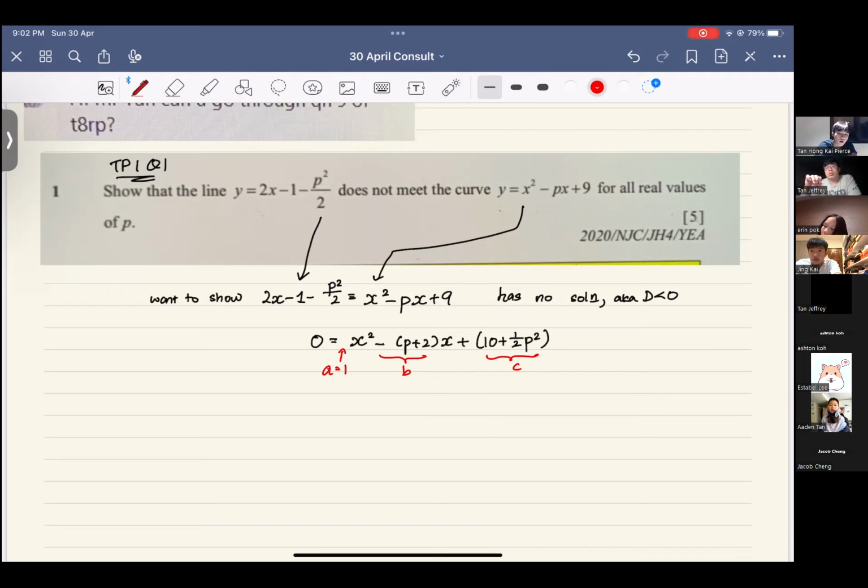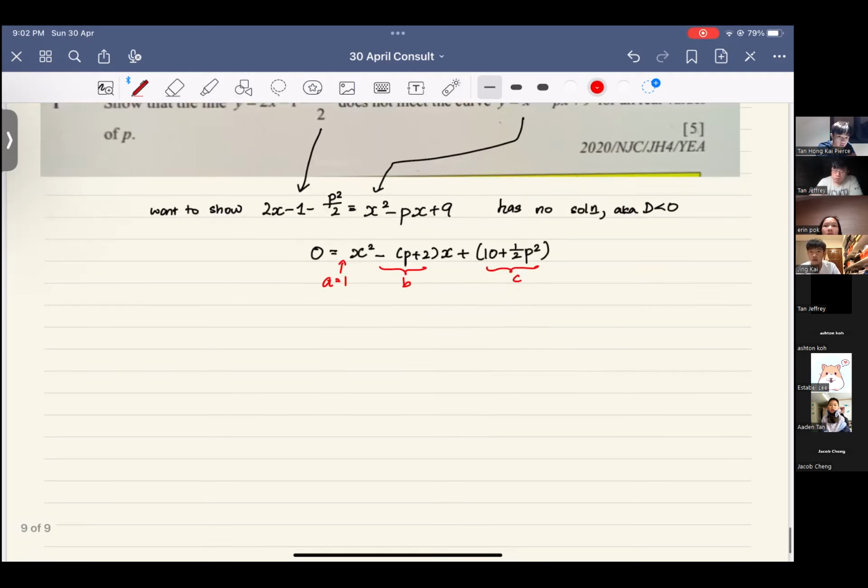Now we will do the discriminant, and I want to show you that the discriminant is less than 0. So here, my discriminant is b squared minus 4ac. I try to simplify this.